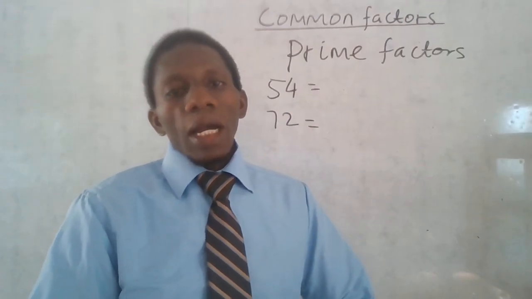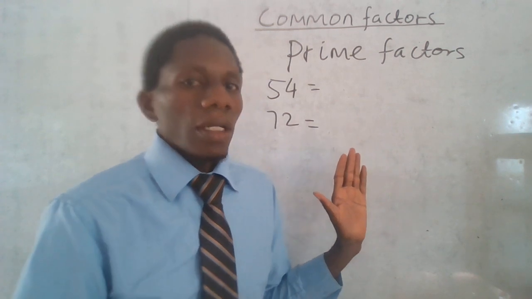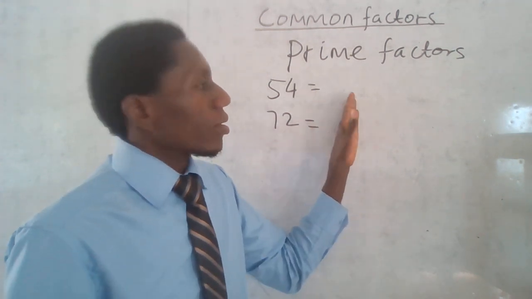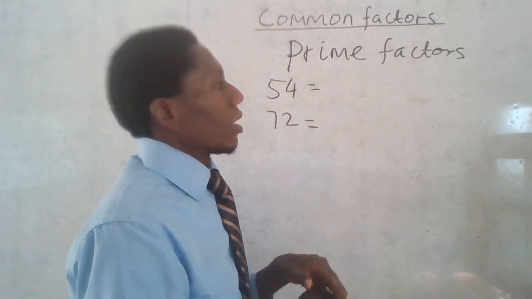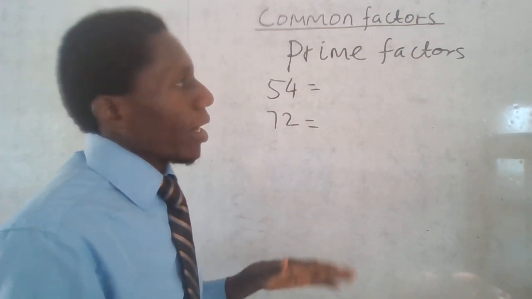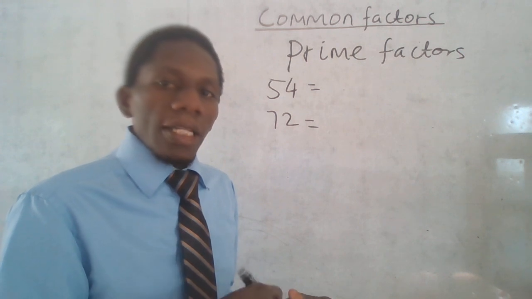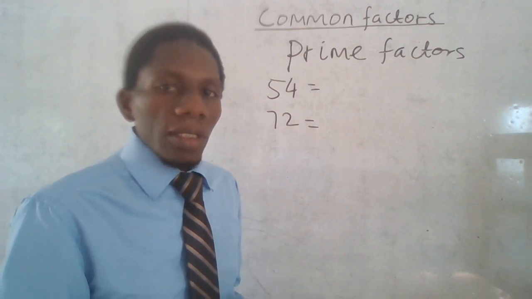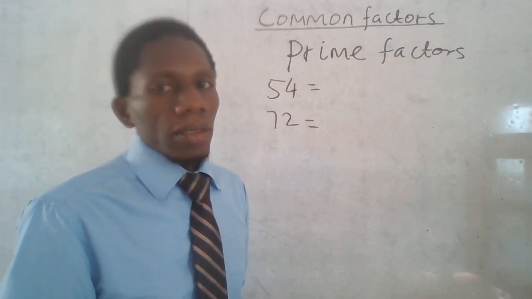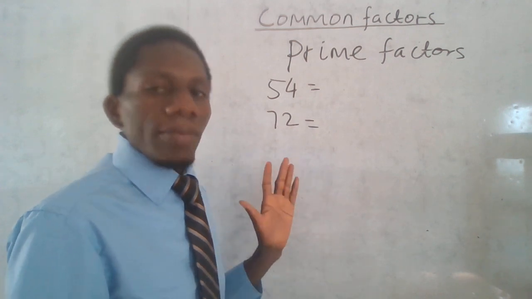Now, how about prime factors? Let's look at prime factors. Remember that a prime number is a number that can divide other numbers, but there will be a remainder. So we say that number is prime.